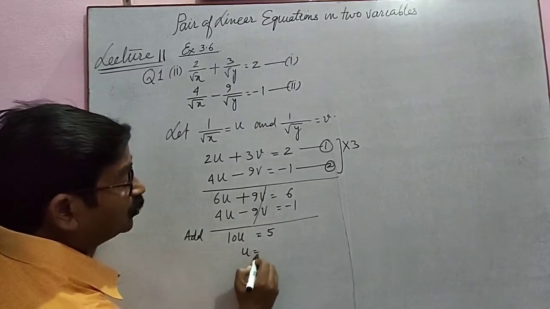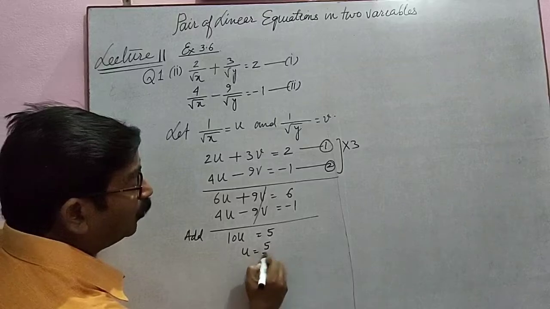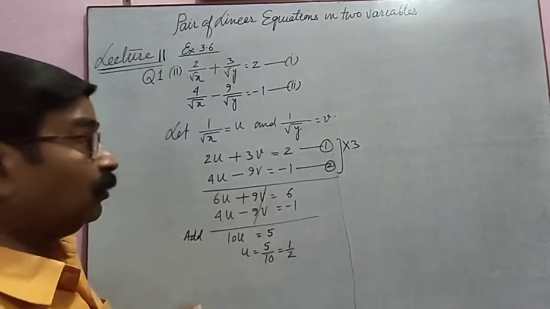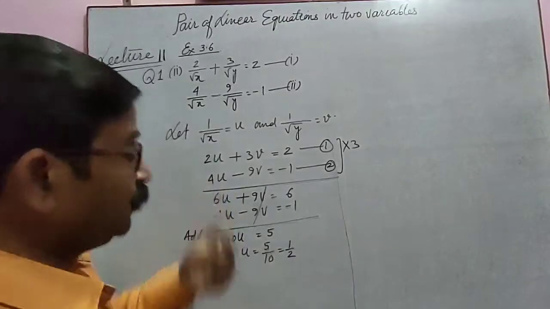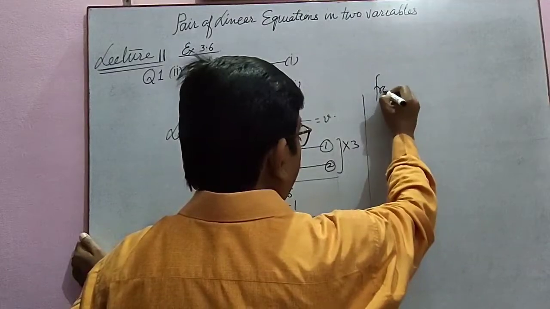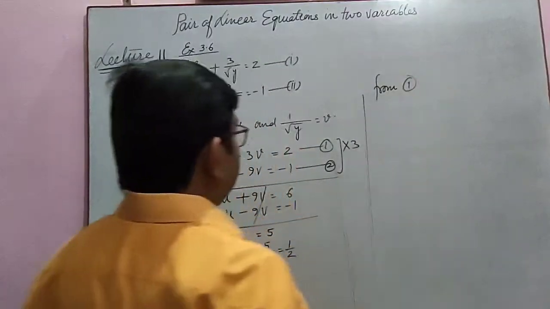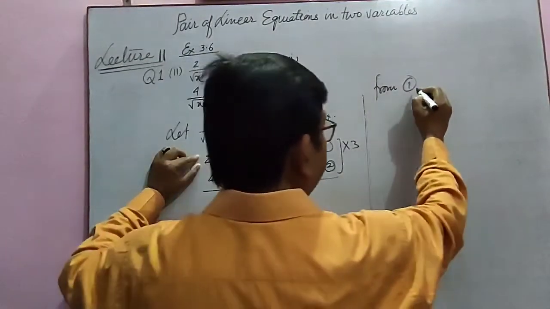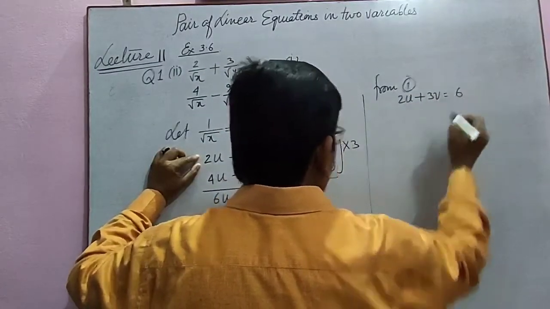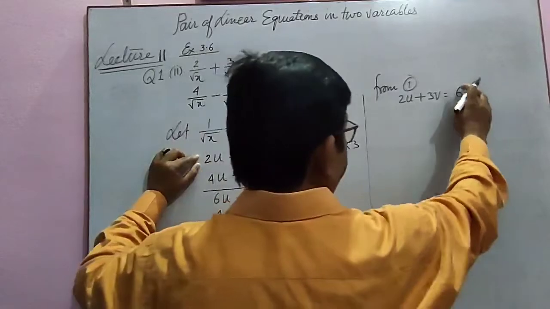So u is equal to 5 upon 10, which is 1 upon 2. Now substitute the value of u in any of the equations. You can write like this. From 1, 2u plus 3v is equal to 6. Sorry, it is 2.